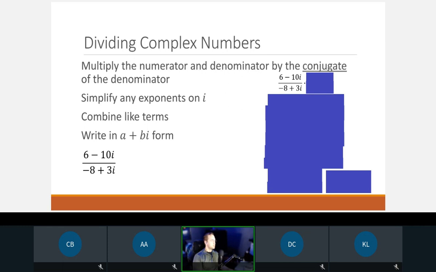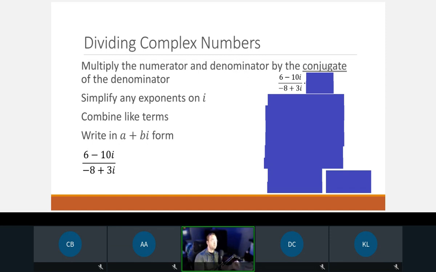Okay, so division. Everyone's like, oh no, not fractions, not division. Well, yes, division. So when we have a complex number divided by a complex number, just like when you have radicals in your denominator, when we had to rationalize, basically, you don't want to have i's in your denominators.